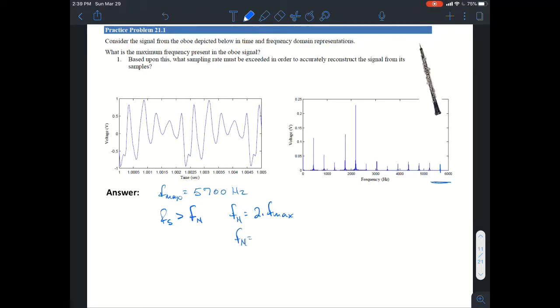F sub N is going to be 11,400 hertz. So then F sub S must be greater than 11,400 hertz. You could also write that as 11.4 kilohertz.